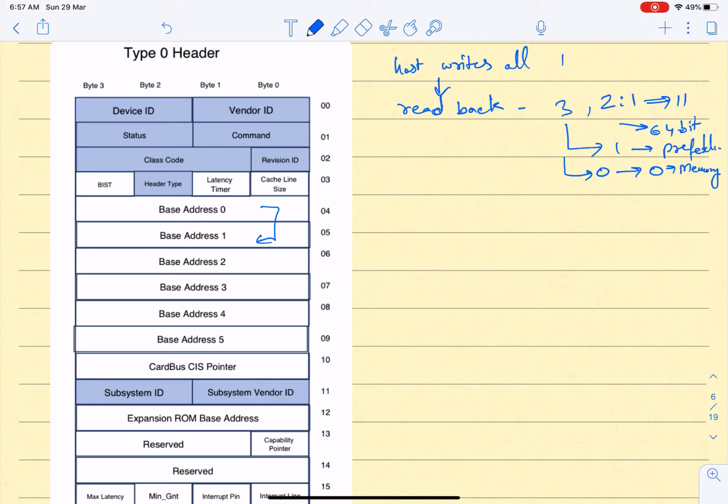Now read back, and let's assume that again it finds that bit number 24 is 1. Before that, 23 down to 4 is 0, and 24 to 31 are 1.